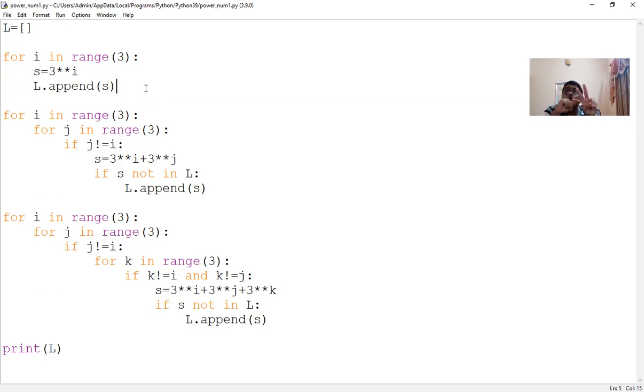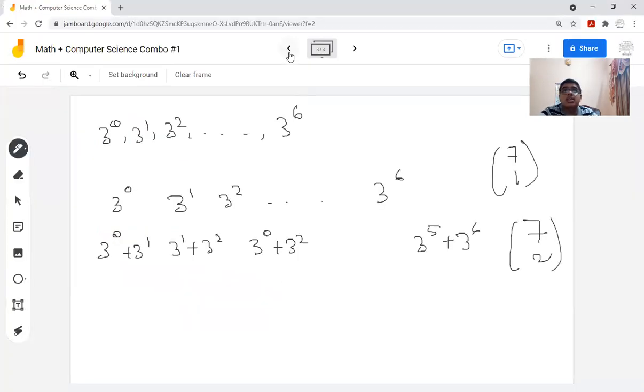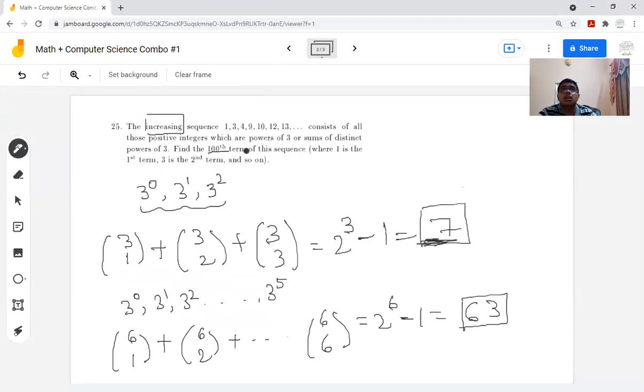Now, I'm taking two numbers at a time in the next one. You see, there are two for loops: for I in range 3, for j in range 3. And what is the meaning of j not equal to I? If you look at the question, what is the question saying? Powers of 3 or sums of distinct powers of 3.